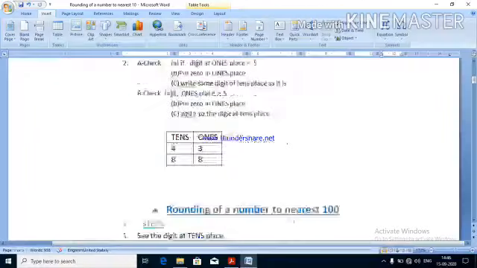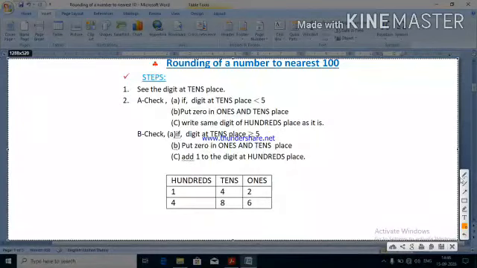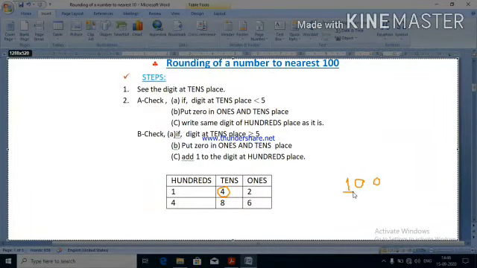Next one. It is rounding of a number to the nearest 100. Similarly, if the digit at tens place is less than 5, here 4 is less than 5, you have to put zeros in ones place as well as in tens place. After that, you have to write 1 as it is. So the nearest 100 is 100.